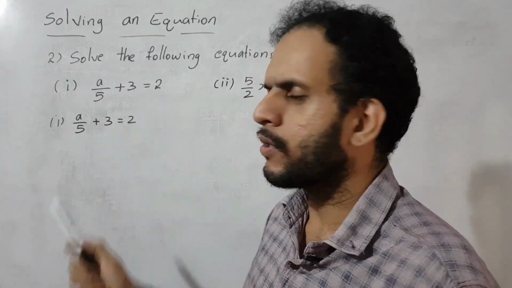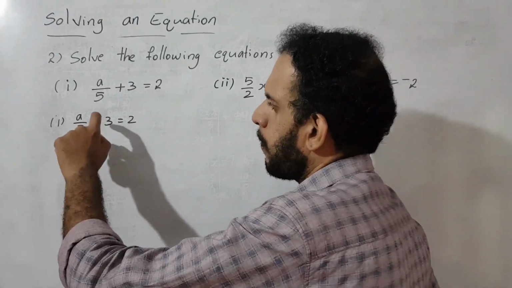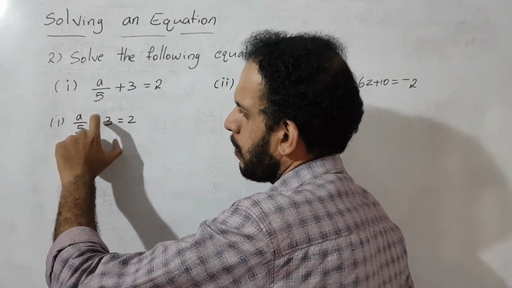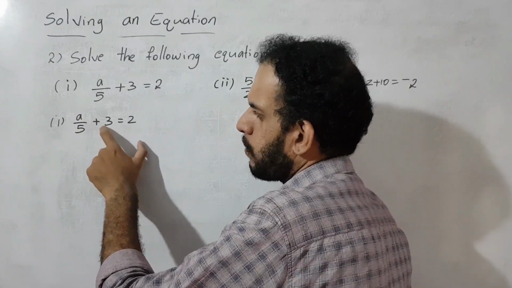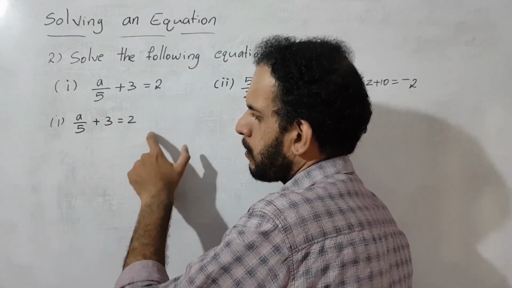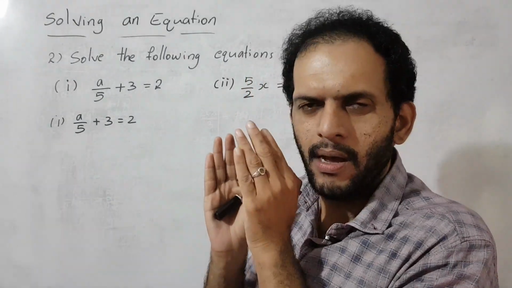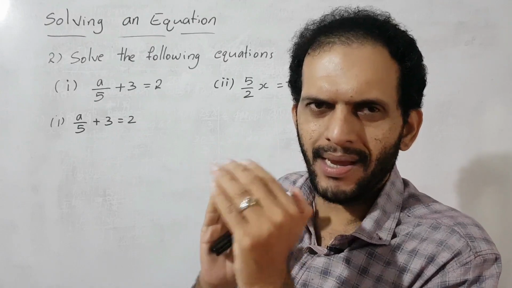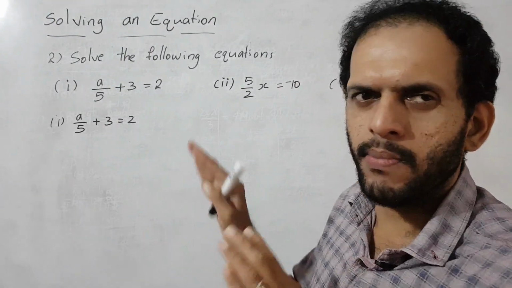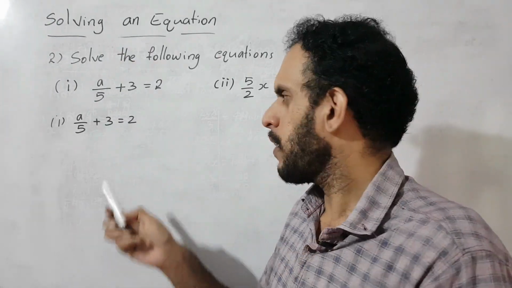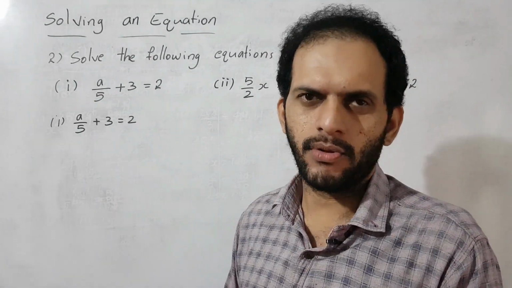Then when we transpose, the operation will change to the opposite. നമ്മൾ ഇപ്പോൾ +3 ചെയ്യുന്നു. ആ 3 ഒഴിവാക്കാൻ വേണ്ടി RHSലേക്ക് കൊണ്ടുവരുമ്പോൾ ഇത്രേ വ്യത്യാസമുള്ളൂ. ട്രാൻസ്പോസ് ചെയ്യുമ്പോൾ അതിൻ്റെ ഓപ്പോസിറ്റ് ഓപ്പറേഷൻ ആവും. Now this one is +3, then at the time of transpose it is -3.